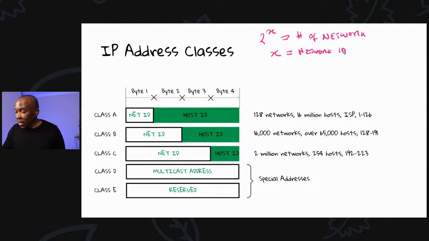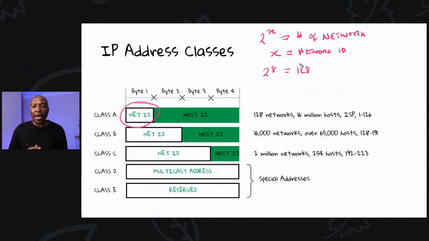We take the number of bits identifying the network, and we raise 2 to the power 8. So 2 to the power 8 is equal to 128. So we can have 128 networks.